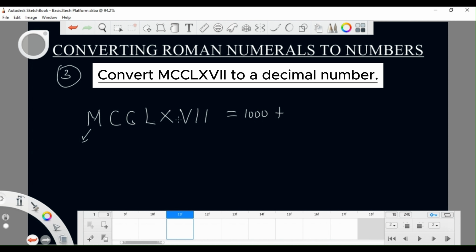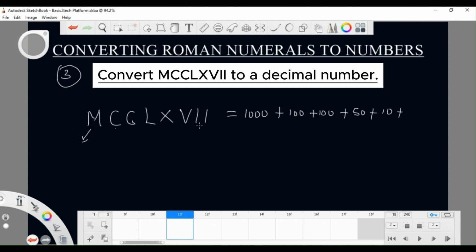Remember, C is 100, plus C, which is 100, plus my L is 50, plus I have my X. My X is 10, plus I have VII.